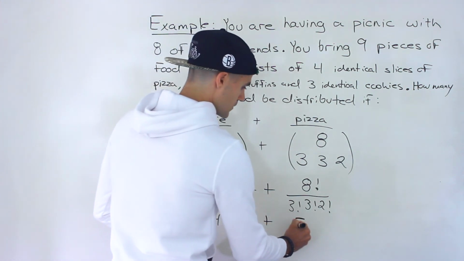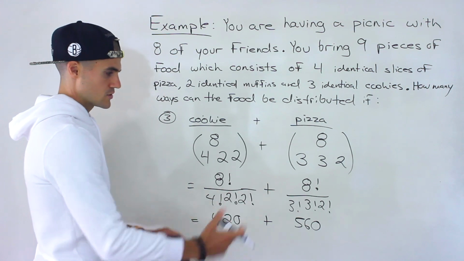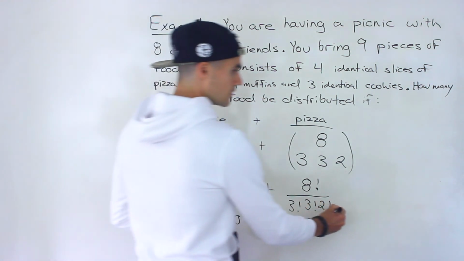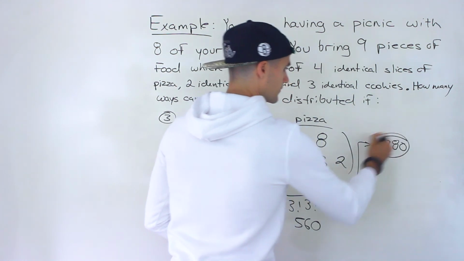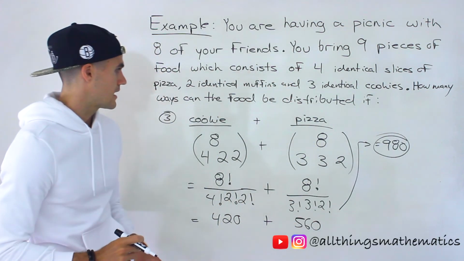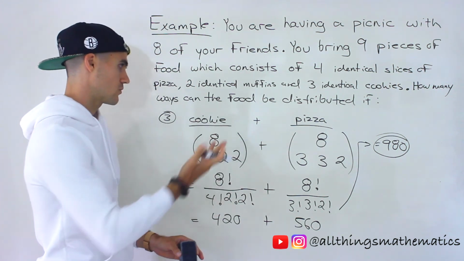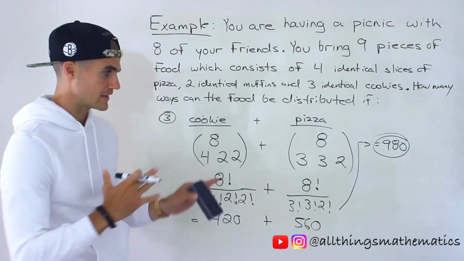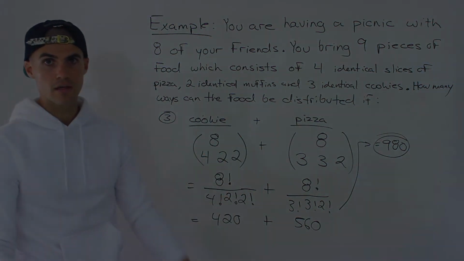And then this value would end up being 560. And so you would just add those up. Final answer would be 980. Right, so that's the answer to number 3. Because you were either going to have a cookie or a pizza, we had to split it up into 2 different cases and then sum up the cases.